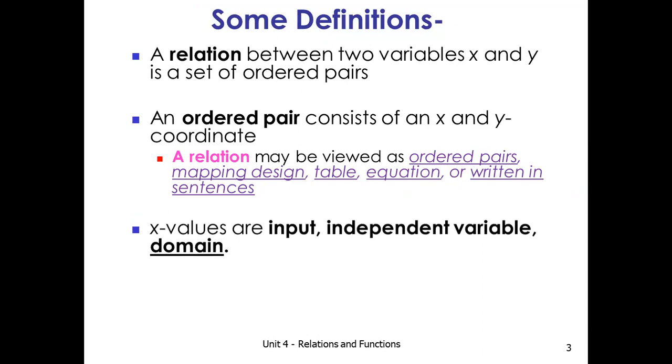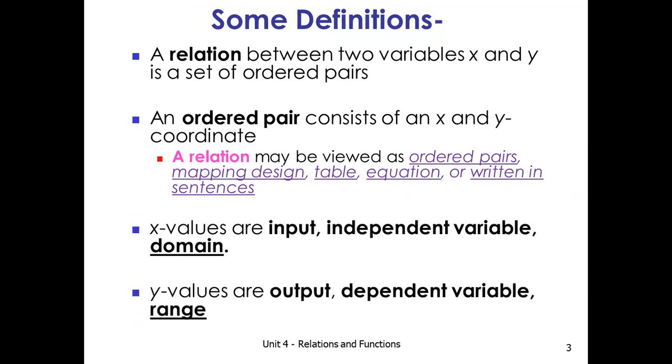X values are the input, independent variable, or domain. And then we have your Y values, the output, dependent variable, or range. Okay. If you are given an equation, the X part is defined as your independent variable or domain, and then the Y is your dependent variable and range.